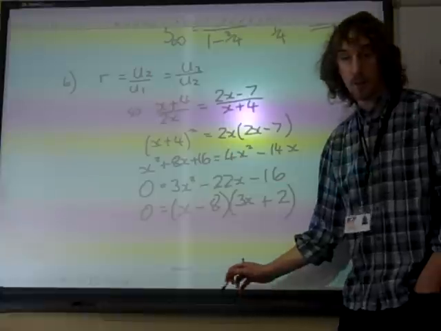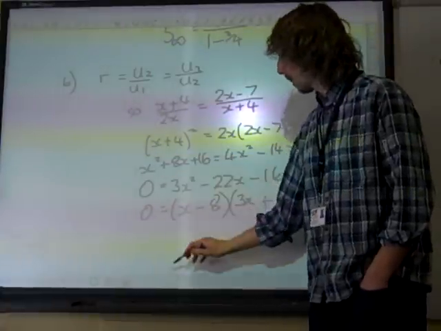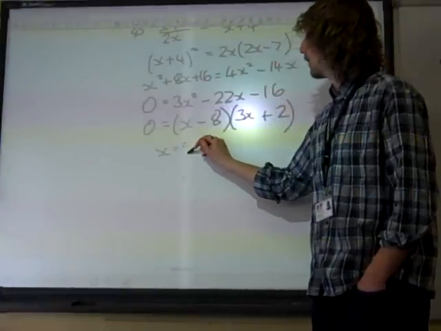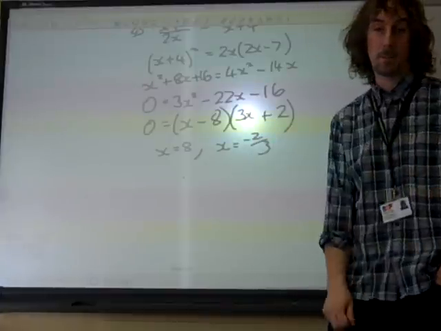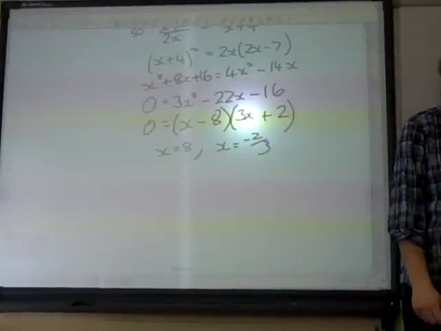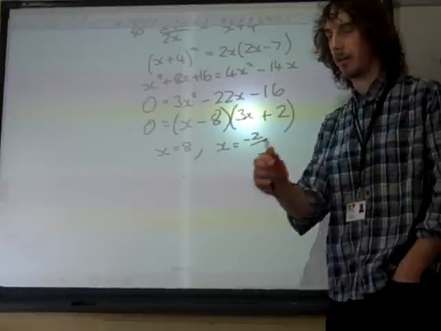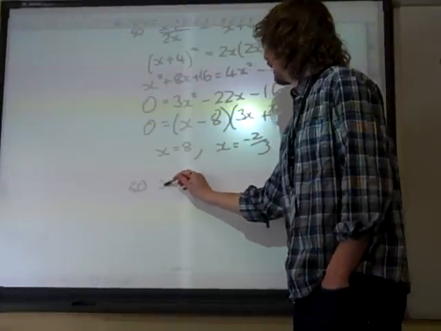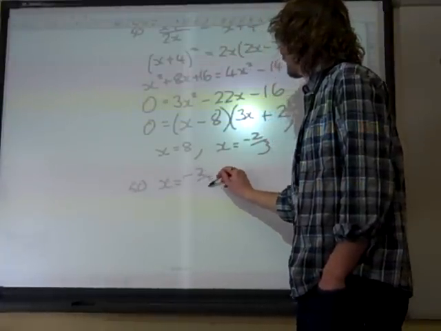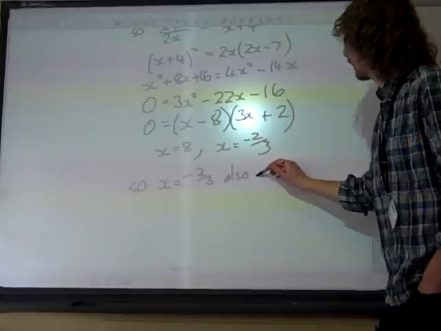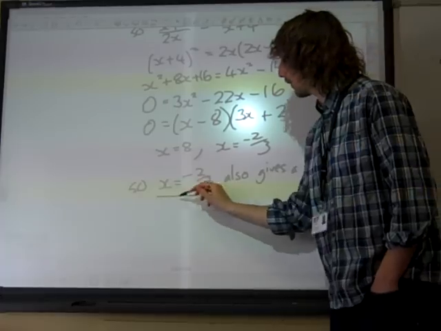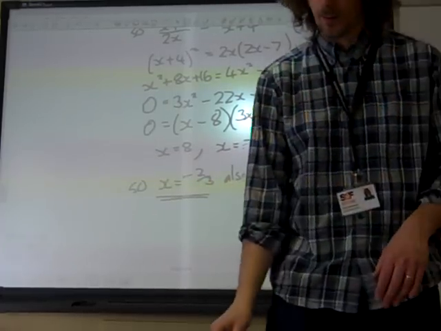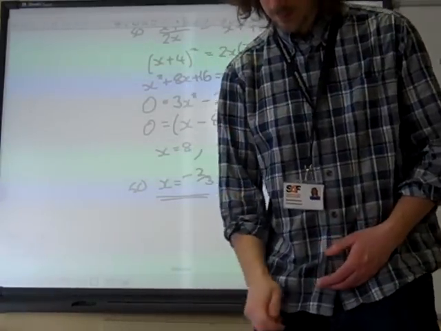So as our solutions to that, we've got x equals 8 and x equals minus 2 over 3. The question said find the other value of x. So x equals minus 2 over 3 also gives a GP. That's the value that we need to identify at the end.